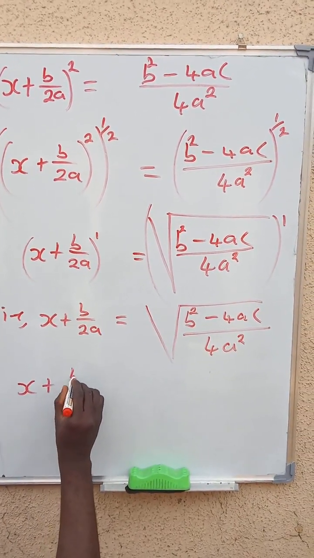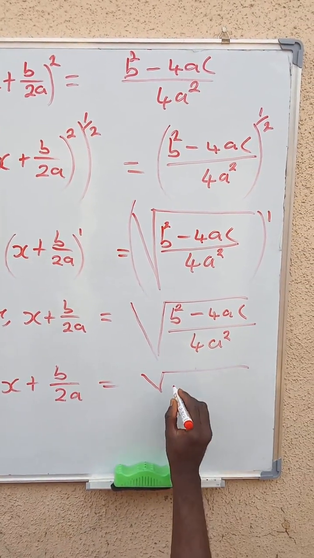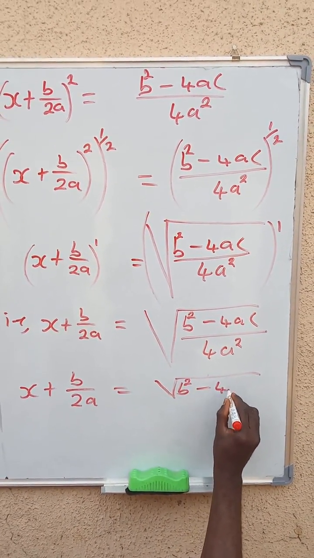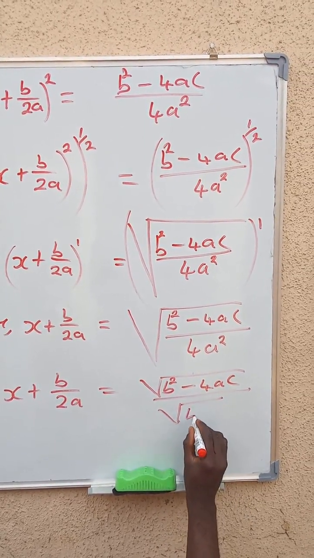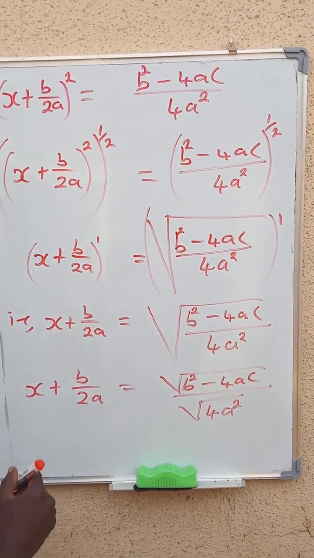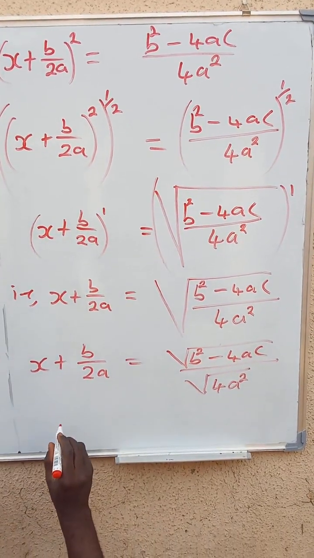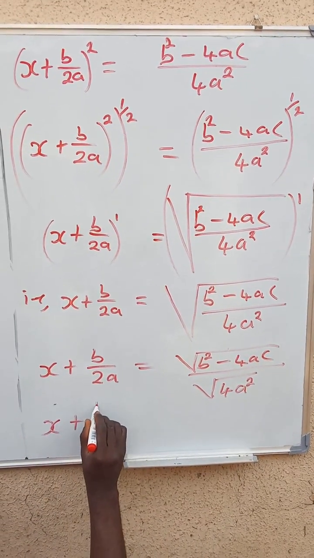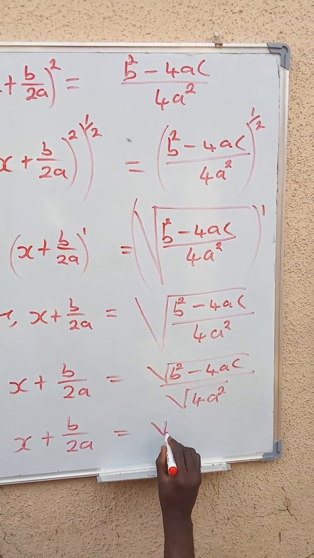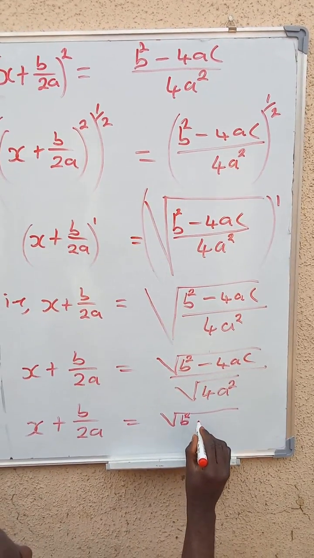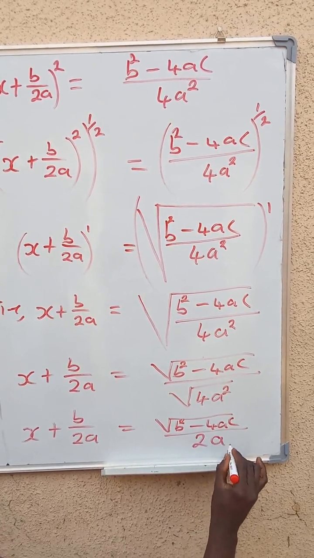x plus b over 2a is equal to root of b squared minus 4ac over root of 4a squared. Now this is the same thing as x plus b over 2a is equal to root of b squared minus 4ac over 2a.